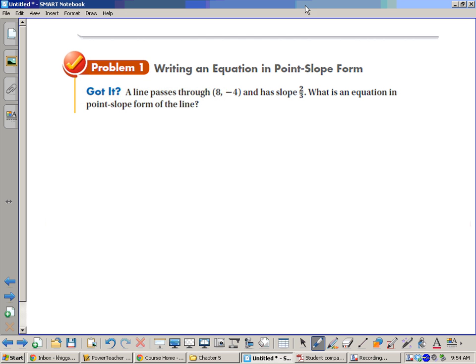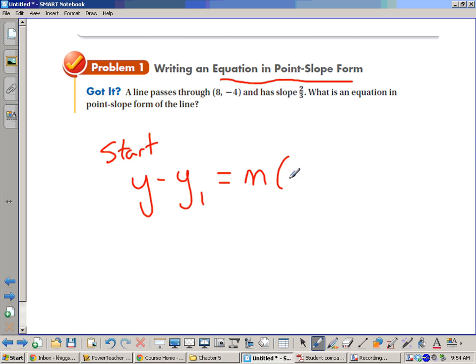So here's an example. What we're going to do is write an equation in point-slope form. So start with the given formula, and then substitute y1, m, and x1. So here's your m, there is x1, and there's y1.